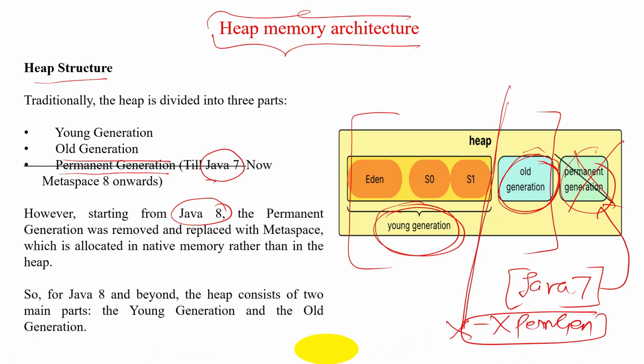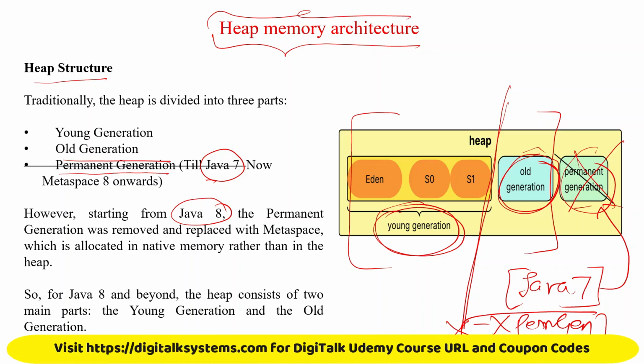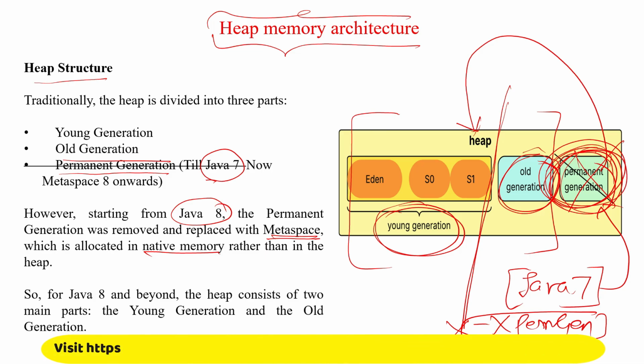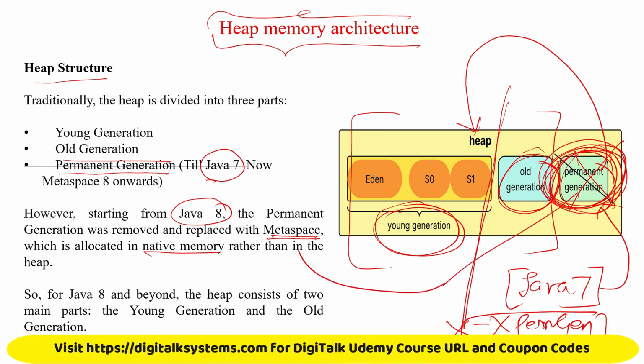From Java 8 onwards, this permanent generation has been replaced with the Metaspace, which is external memory, native memory. That means the permanent generation was part of the heap till Java 7, but now it has been replaced with the Metaspace, which is allocated in the native memory. Native memory means it is not in the heap, it is outside the heap.